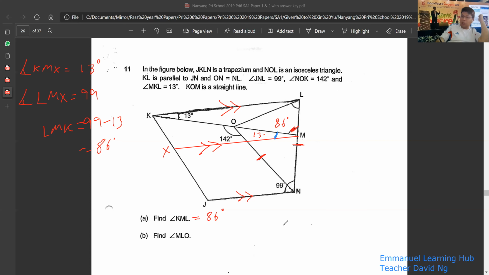Okay, whatever you found, you indicate on your drawing because you need it for the next question. Okay, MLO, this angle. We need to find this angle.